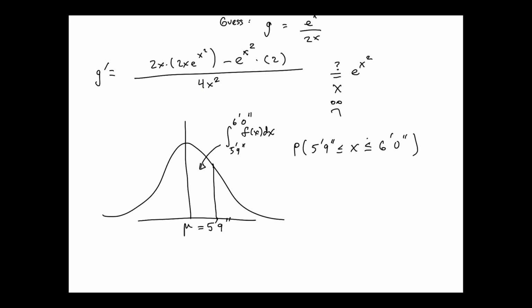Okay, now, is this truly a continuous distribution? No, because how many men are there in the country? Right, there's a lot, but it's a finite number. Okay, but if you've got 100 and something million guys, can you approximate that with a smooth curve? Yeah.